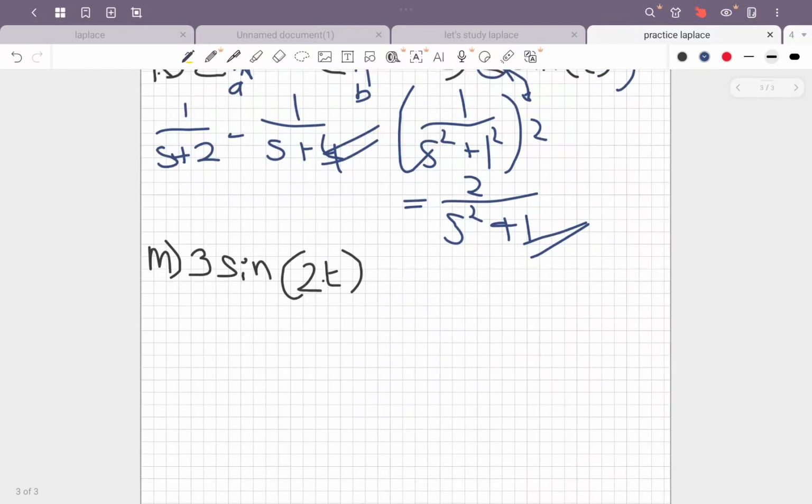We ignore the outside, we bring the inside. The denominator will be 2 as well.